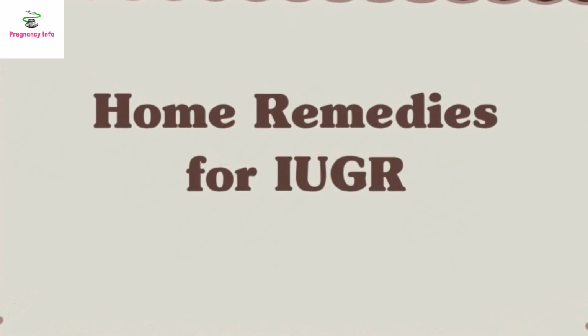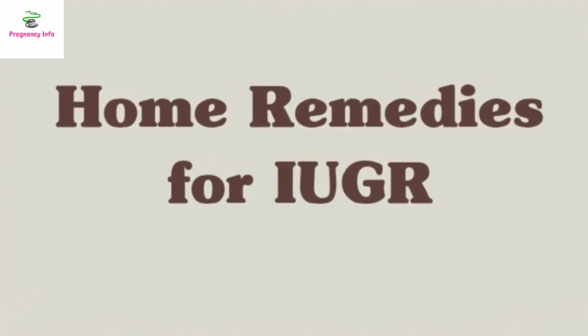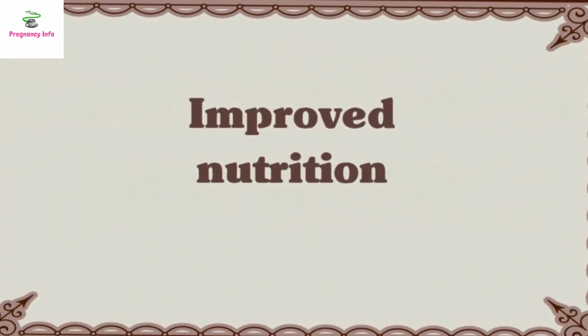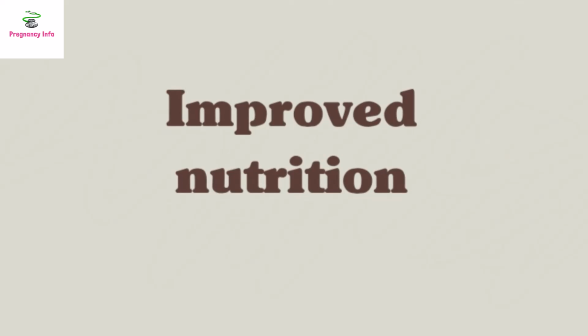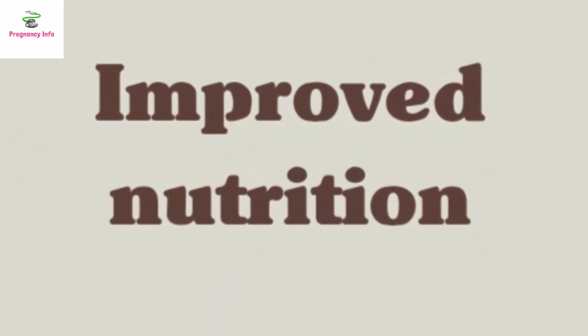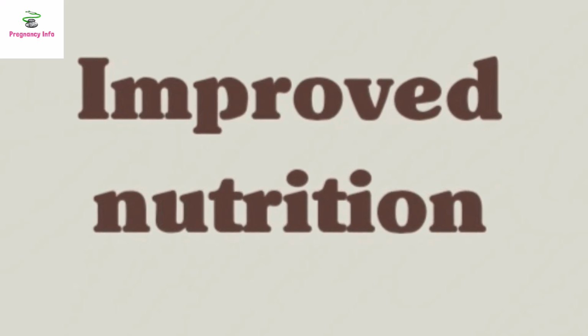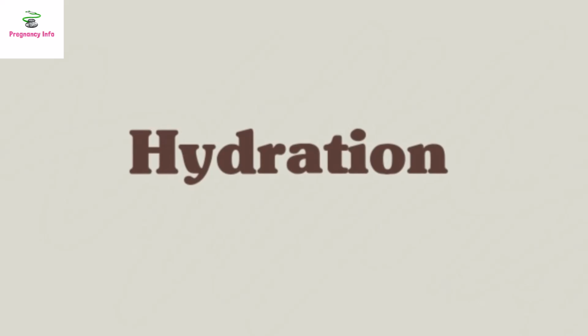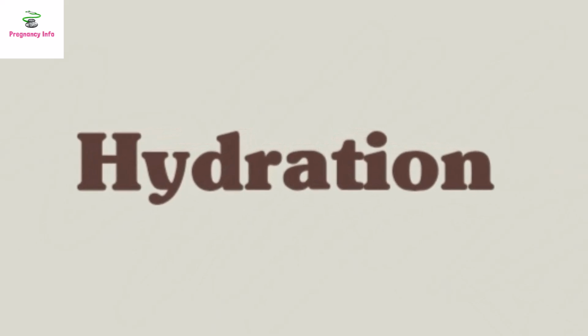Home remedies for IUGR. While medical treatment is essential, certain home practices can help support fetal growth in cases of mild IUGR. Number 1. Improved nutrition. A balanced diet that includes adequate protein, vitamins, and minerals supports fetal growth. Number 2. Hydration. Staying well hydrated helps maintain healthy amniotic fluid levels and blood flow. Stress management.